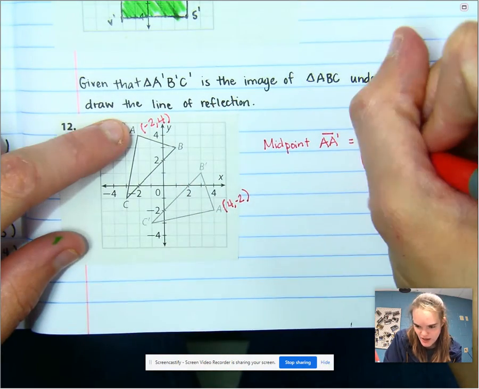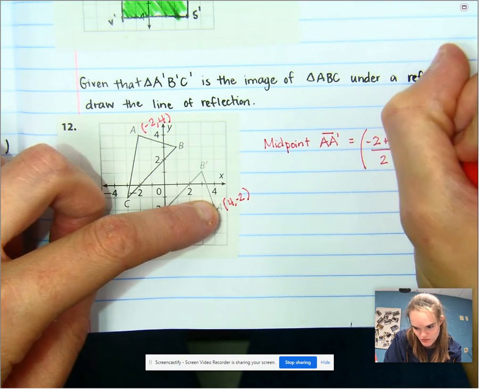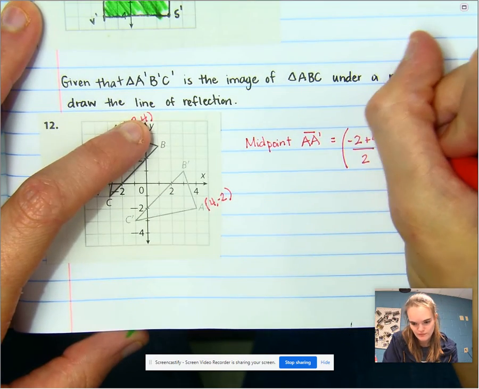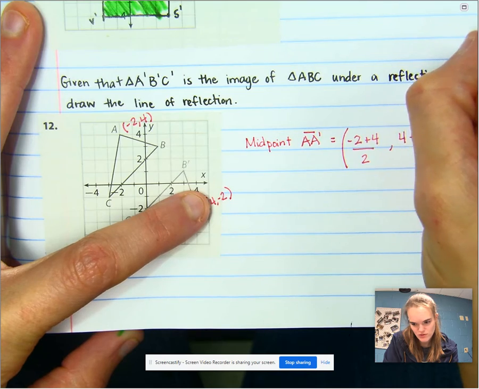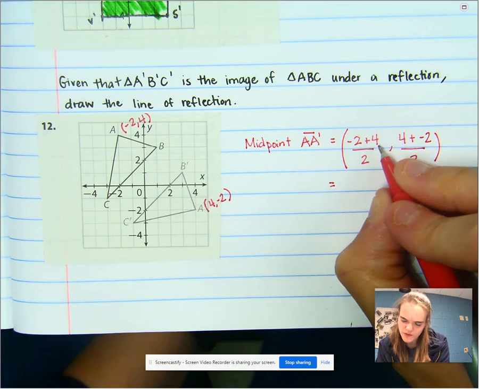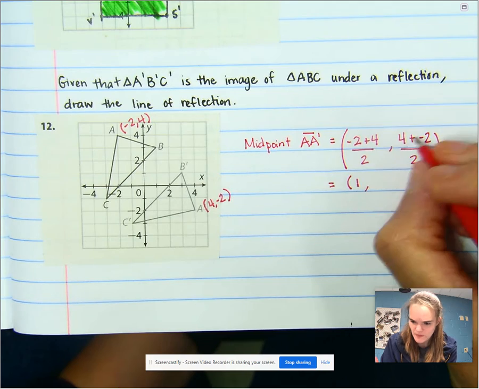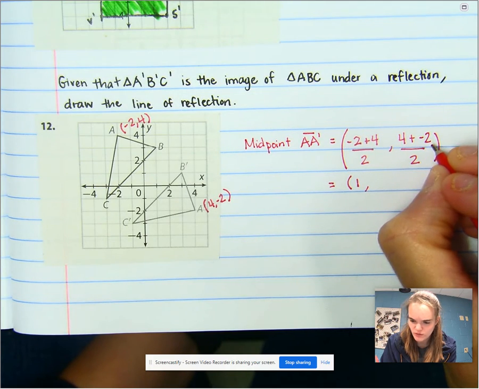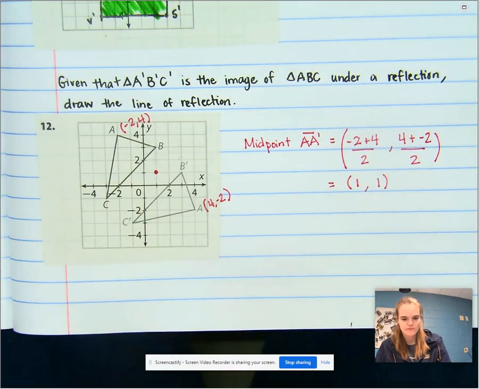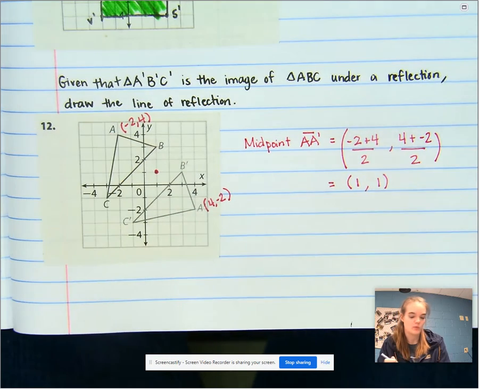Okay, so x1 plus x2 over 2, y1 plus y2 over 2 equals -2 plus 4 is 2, divided by 2 is 1. 4 plus -2 is 2, divided by 2 is 1. So I'm going to put a point at 1, 1. Okay, that should be halfway between these points. It is because we found the midpoint.